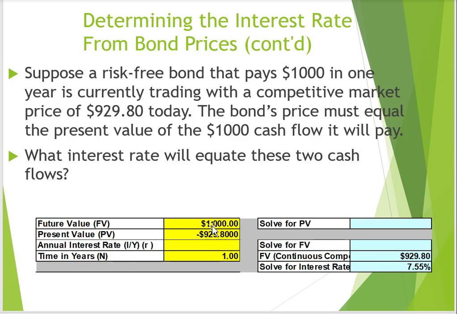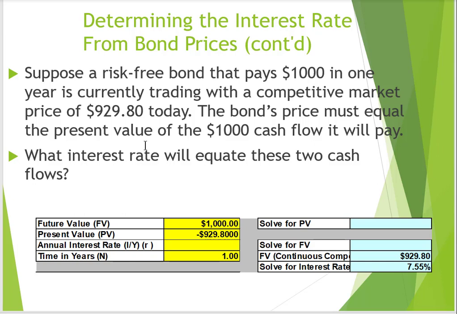This is just asking us to solve for the interest rate, the return for this type of investment. And again, if you look at the time value chapter or the time value worksheet, you can see that if you solve for the interest rate, it is 7.55%. So that's what you would earn if you paid $929 on the $1,000.